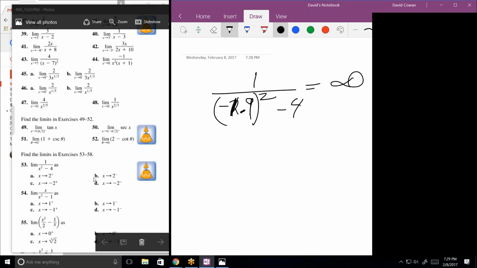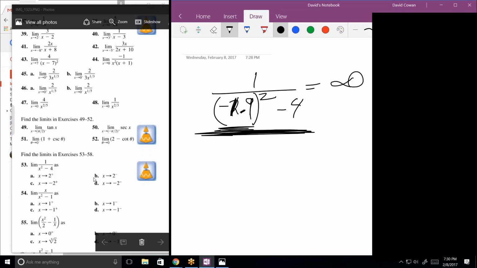In other words, it doesn't make the entire denominator positive. It makes this part positive, but if I'm approaching it from the right, this entire denominator is always going to be, excuse me, negative. Okay. Right?